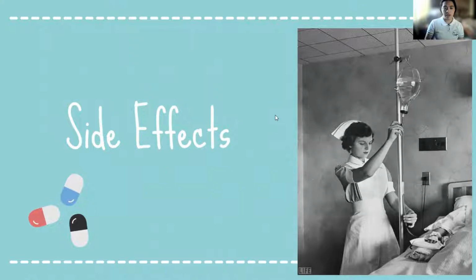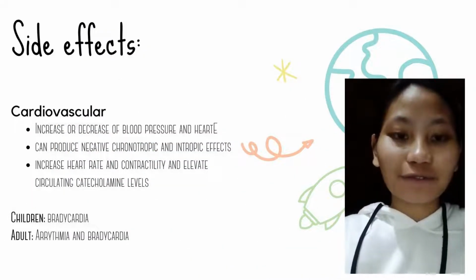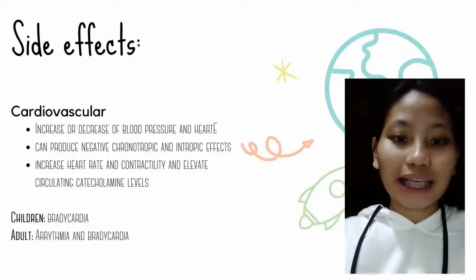A side effect is regarded as an undesirable secondary effect which occurs in addition to the desired therapeutic effect of a drug or medication. Okay, so we're going to discuss the side effects of neuromuscular junction blocking agents.